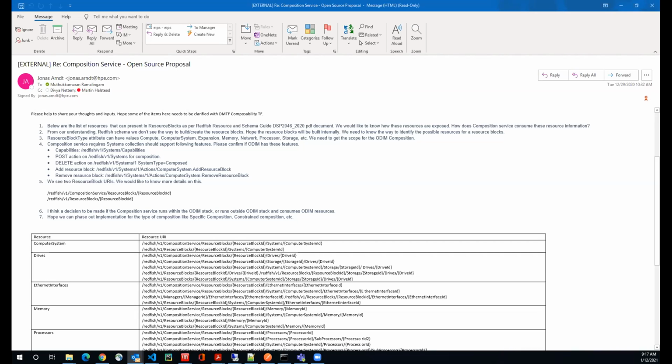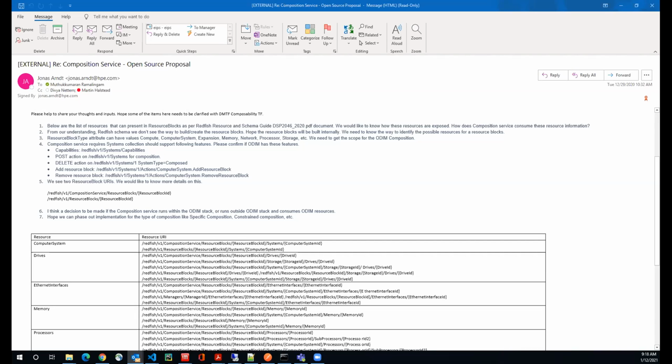Yeah, the system collection. The composition service requires a system collection. Even an older spec says that computer system, which historically had the collection of the physical systems, can now accept the action of posting a new computer system of type composed, and this happens on the same collection. Yeah, and so go ahead, Rafael.